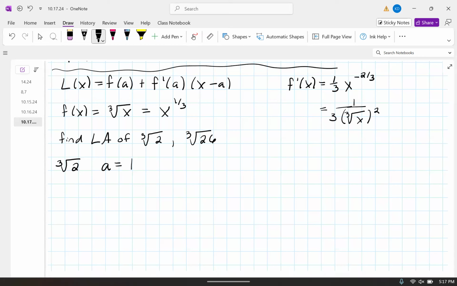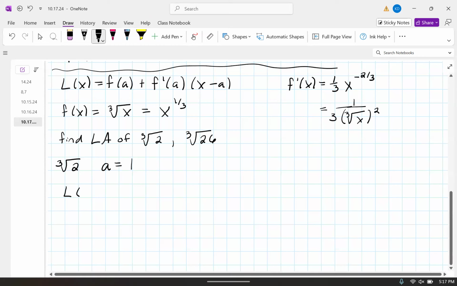Okay, we're going to plug this in. So L of x equals my f of a. So my a is 1. I'm going to say cube root of 1 plus f prime of 1 times my x value, 2 minus 1.